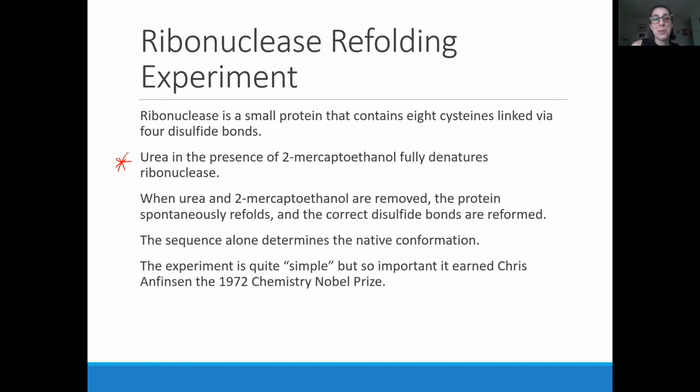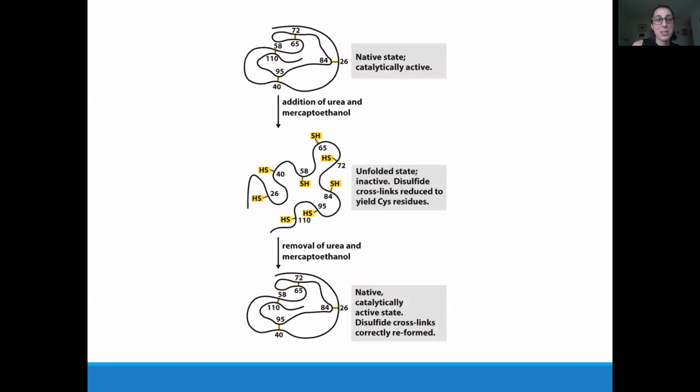This is a very simple experiment. We were showing folding and refolding using this particular enzyme, ribonuclease. Essentially, addition of urea unfolds it, it becomes inactive, it becomes denatured, and then with removal of urea, it will refold properly, reforming those disulfide bridges and becoming catalytically active.